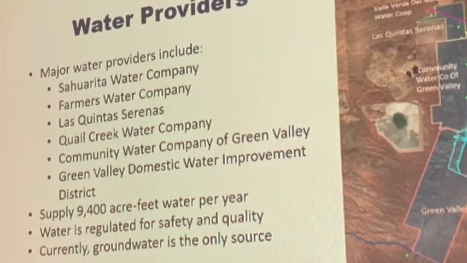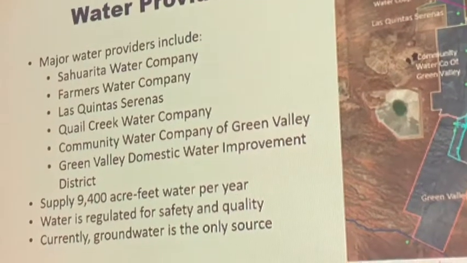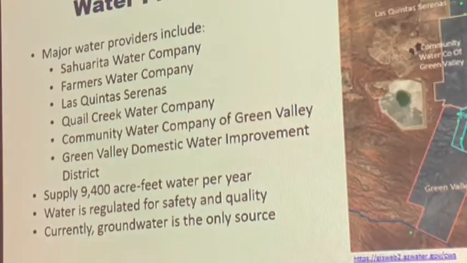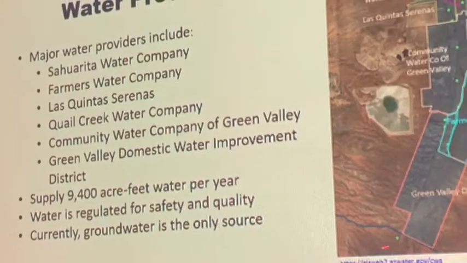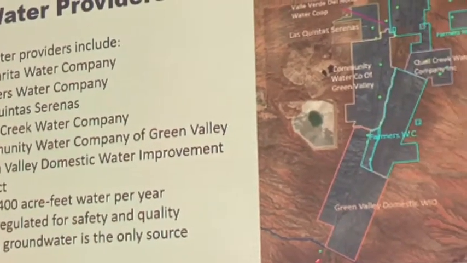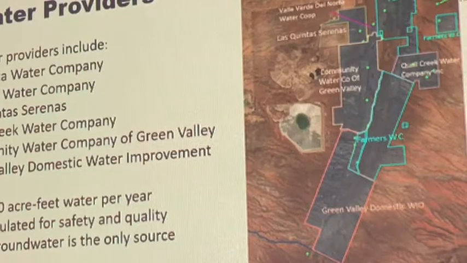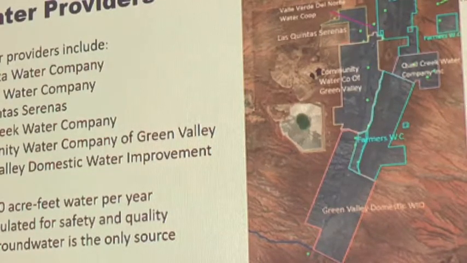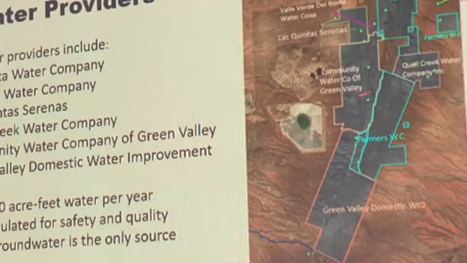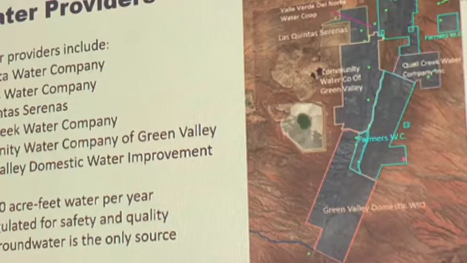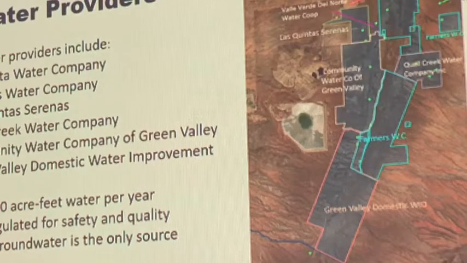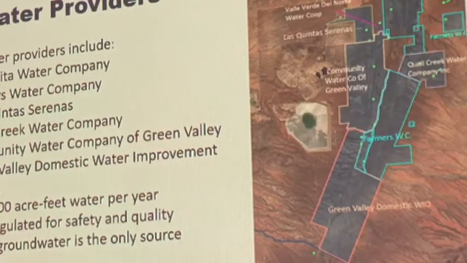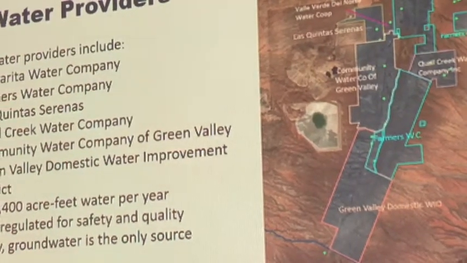Here are the water providers, and you can see them spread out from here to here. This shows the service area of the water providers in the area, so you could pick out who serves you water.